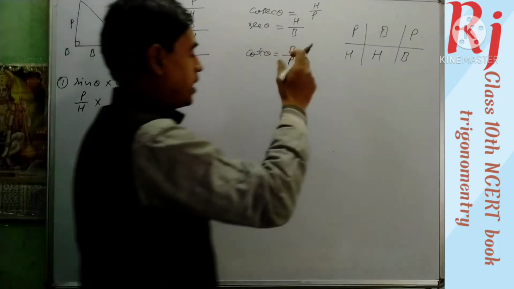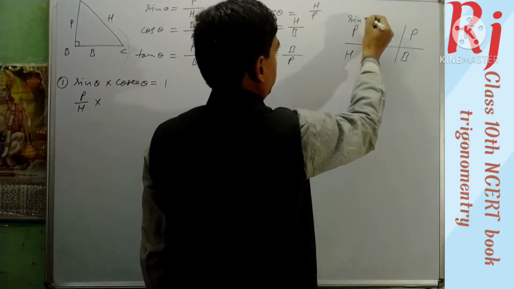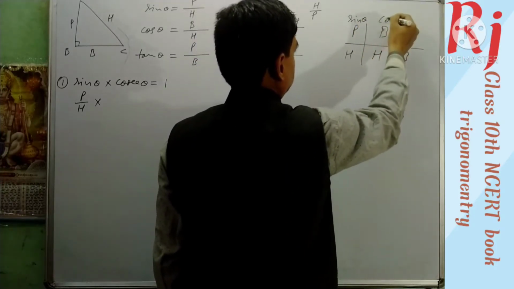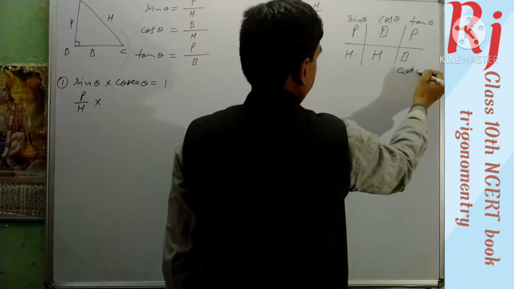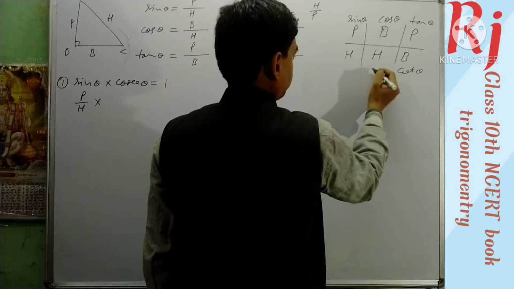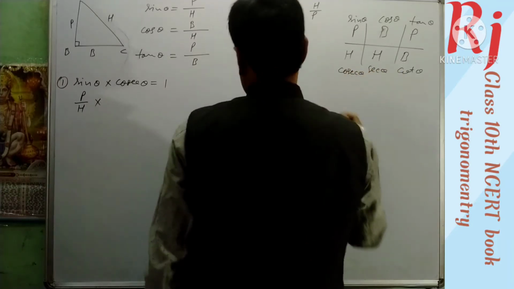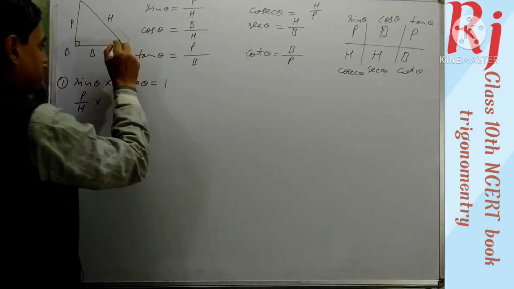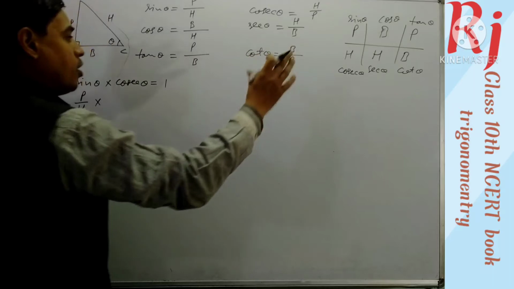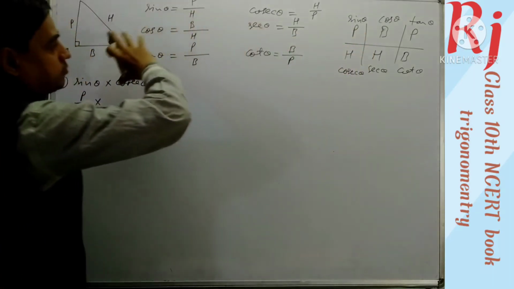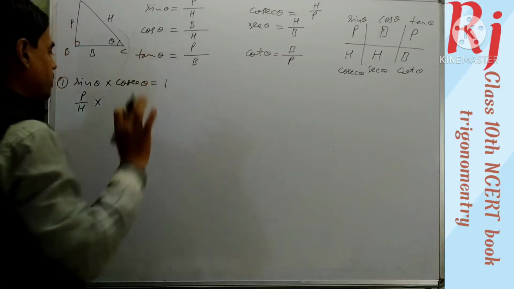Suppose you write here sine theta, cos theta, tan theta, and cot theta, sec theta, and cosec theta, and theta will be this angle. From this table you can come to know all the ratios of trigonometry.